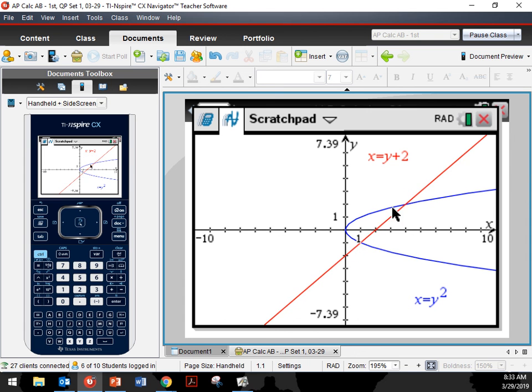So that's why I have my integral set up. It's going to be the red line minus the blue line, because I'm doing it in terms of the y-axis. So how far it is away from the y-axis now. That's the dy, my delta y, the change in the y-axis here.